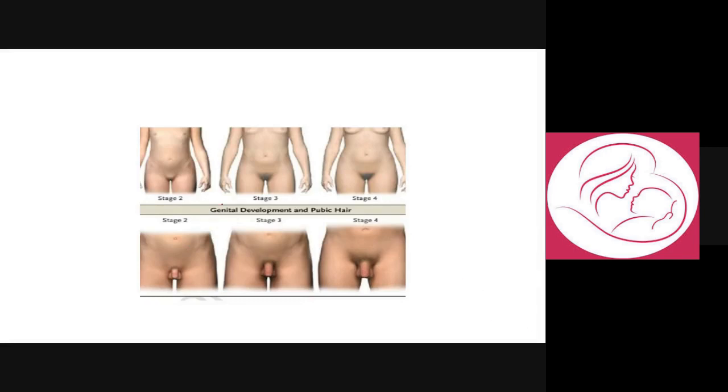You see a significant amount of development taking place in a female, and at the same time, significant changes are also happening in the male. A woman in the second and third stage, and so do men in the second and third stage, are in a position for conceiving, for sexual activity and trying to conceive.